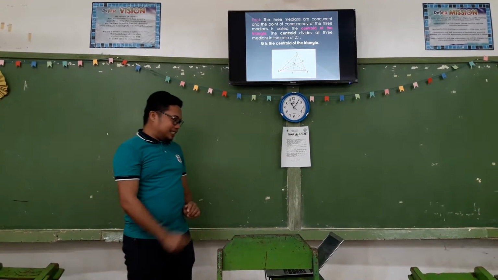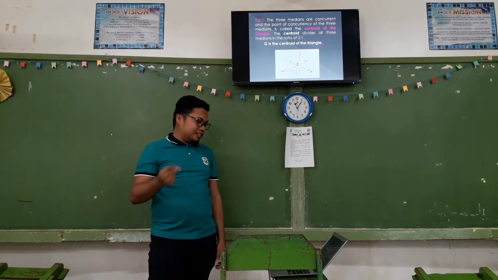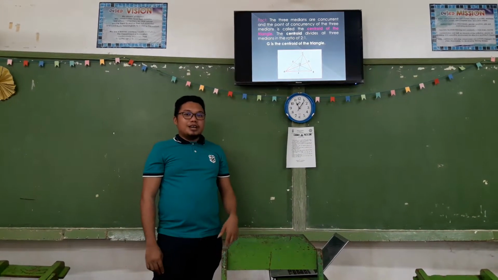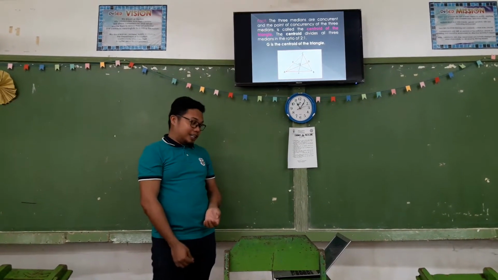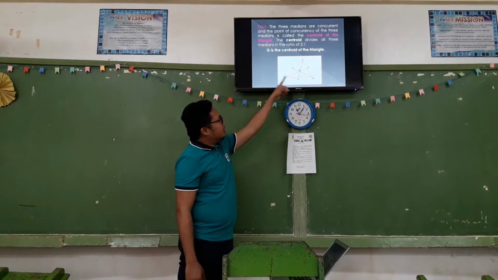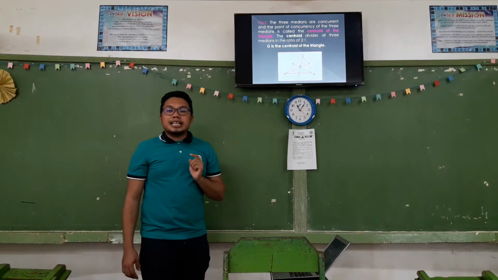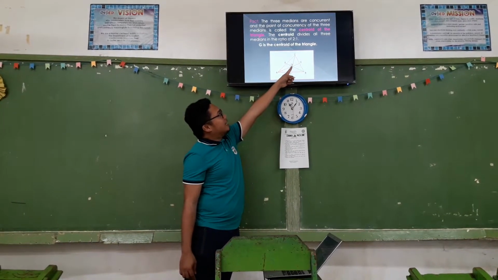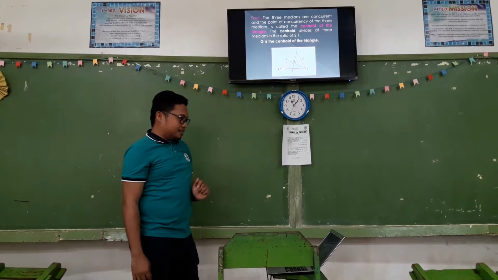And we have here the fact that the three medians are concurrent, and the point of concurrency of the three medians is called the centroid of the triangle. The centroid divides all three medians in the ratio of 2:1. Segment AD, segment BE, and segment CF are concurrent lines, and they intersect at point G. So point G is the centroid of the triangle.